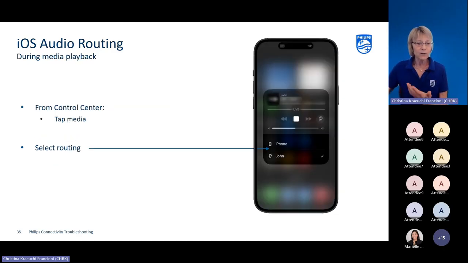Or another option, if no call is coming in and you are listening to music, you can check this from the control center by swiping down from the top of the screen. Then you would see the media which is active. And again, you can select the routing, either iPhone or the hearing instrument.